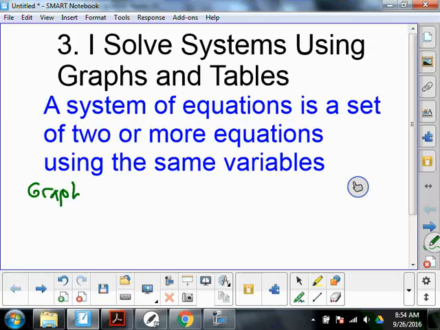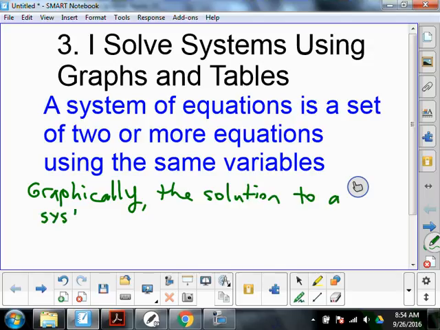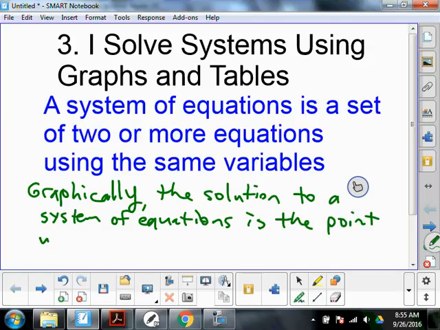Graphically, the solution to a system of equations is the point where the graphs meet.